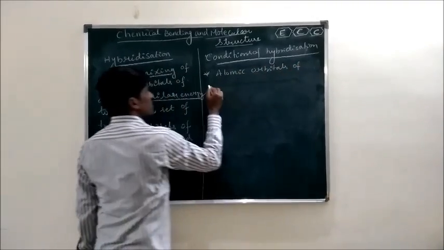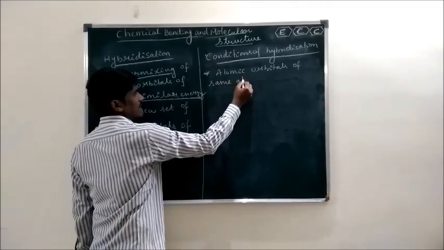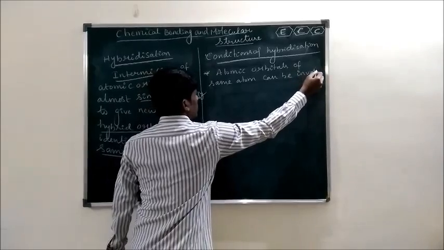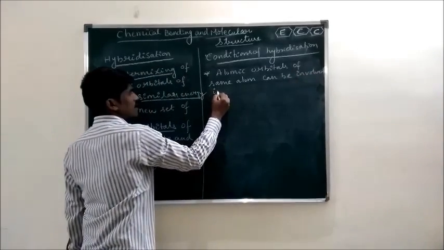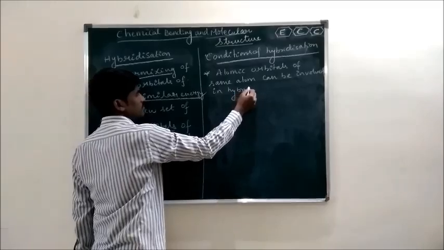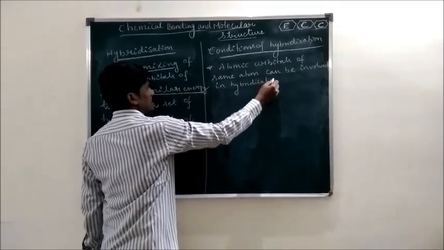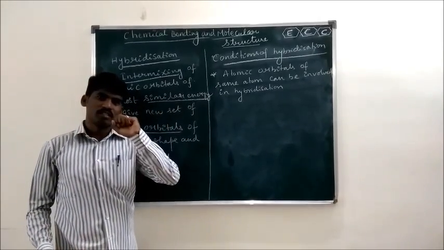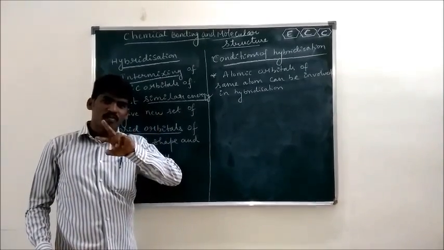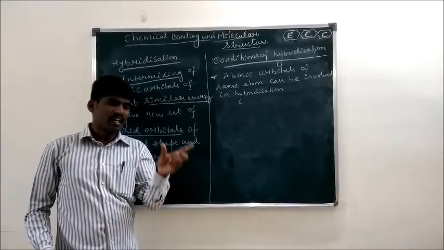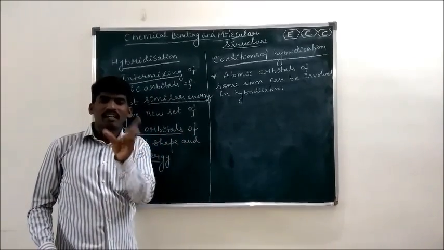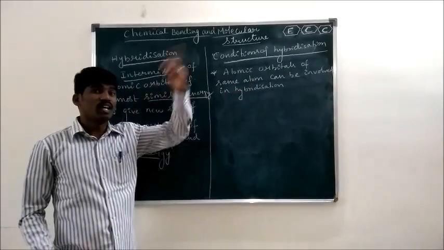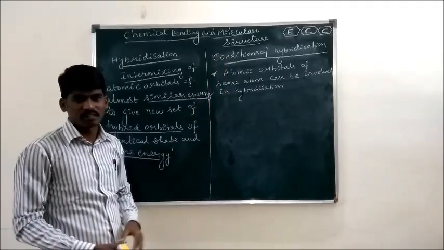Let us say I am taking a 2s orbital and a 2p orbital. These are involved in hybridization, and both the 2s and 2p atomic orbitals must belong to the same atom. Then only hybridization is possible. That is the first condition.